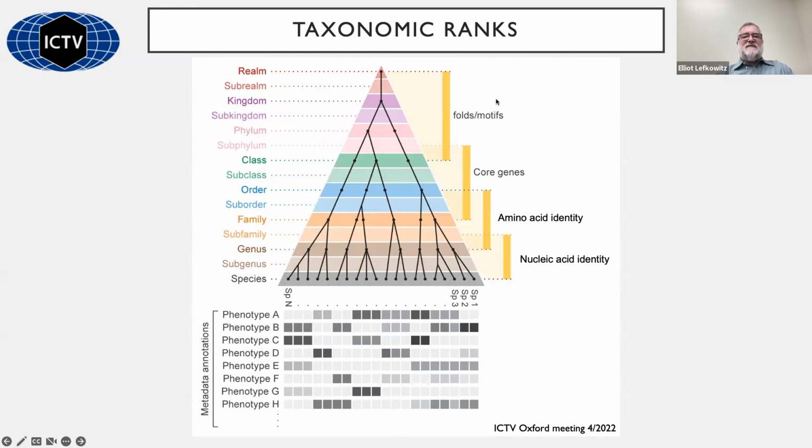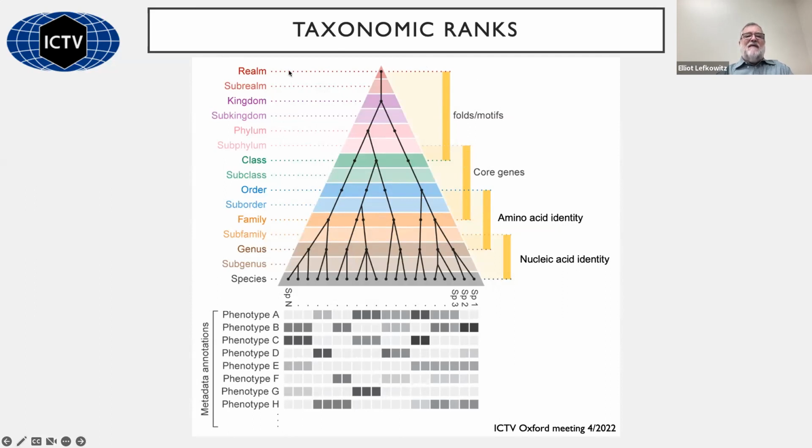You get a sense for what those criteria are when you look over here to the right. These are criteria used at different levels of the taxonomic rank hierarchy. At the lowest level, species, genera, and families, we look at nucleic acid sequence identity and amino acid sequence identity. At the family to class ranks, you bring in core genes that are common to the viruses at those ranks.